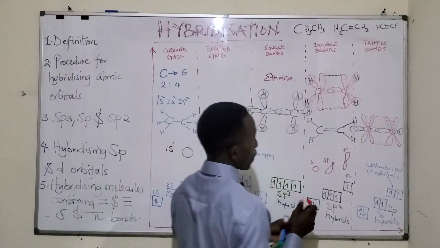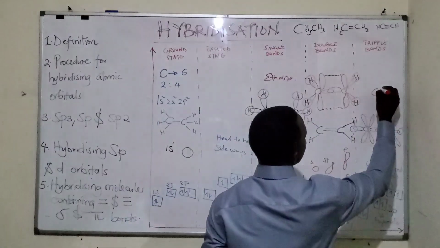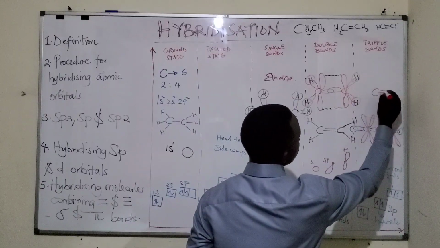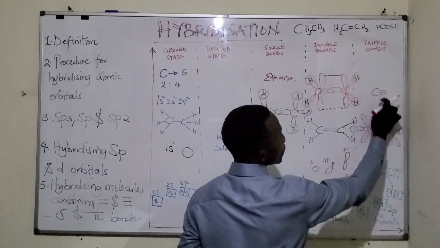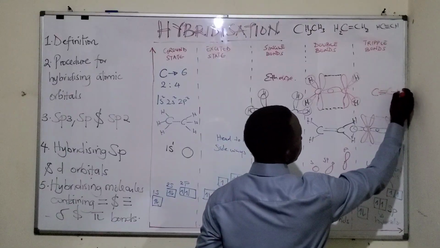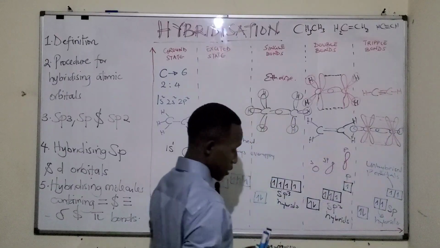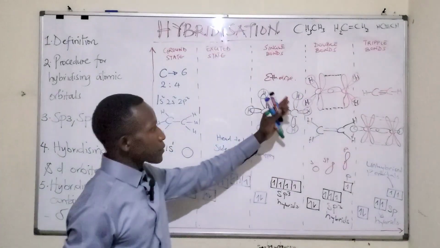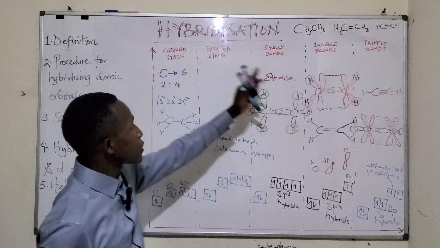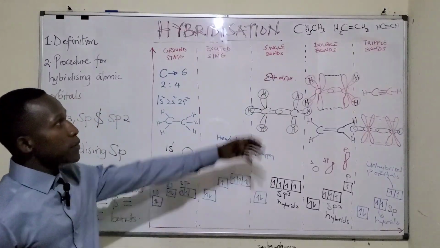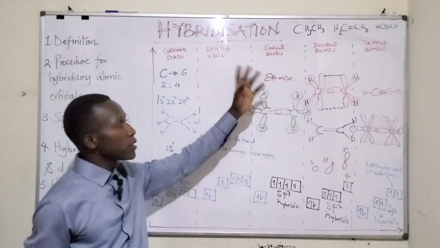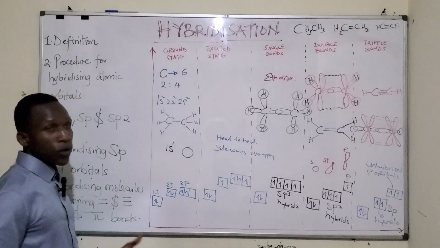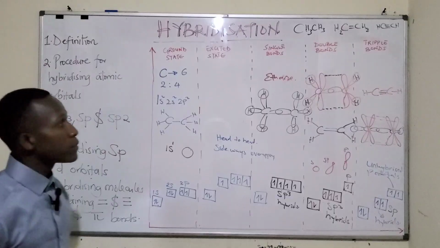So that's why ethyne is C triple bond C, with one sigma bond and two pi bonds, with one hydrogen and another hydrogen. So this is the triple bond, double bond, single bond, if we are using ethyne, ethene and ethane. Other atoms, you can try them and see how you can do them.